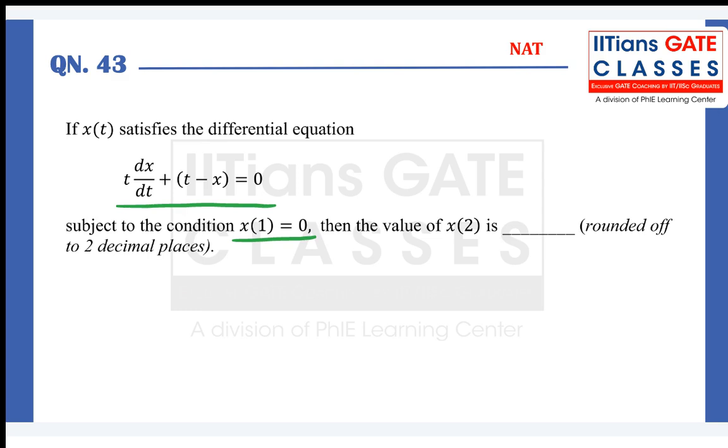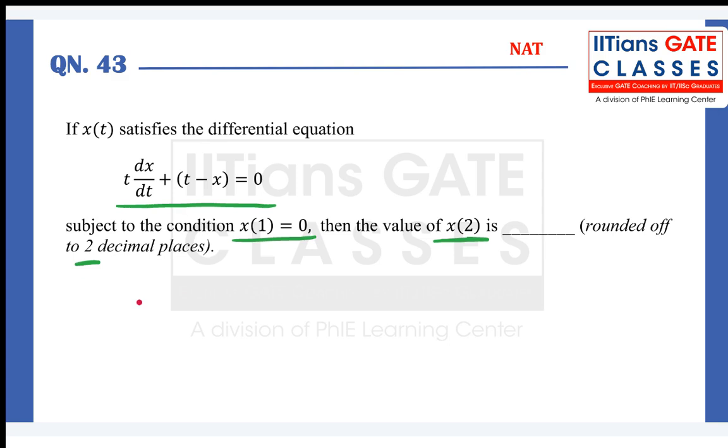Then you need to find the value of x at t equal to 2, rounded off up to 2 decimal places. Just by looking at it, it looks like a candidate for an integrating factor kind of thing, because you can just divide the whole equation by t here itself.